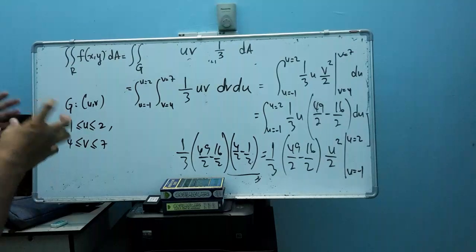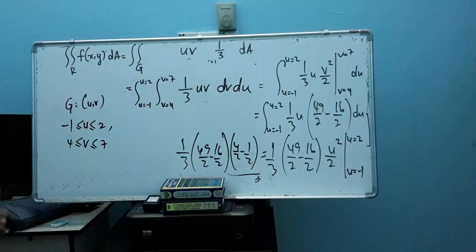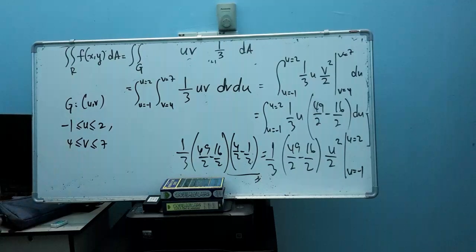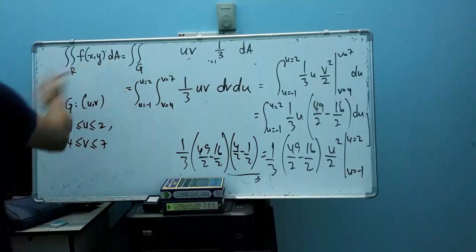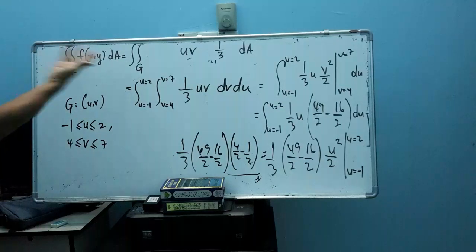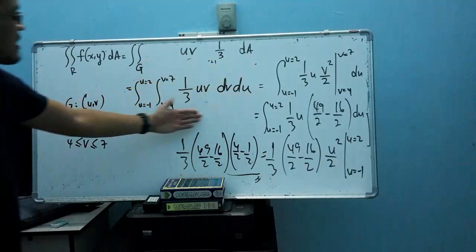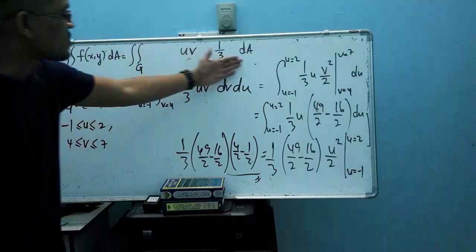We have such a function that we integrate in some closed region in the xy plane, and it's very complicated, very difficult to solve this double integral. But using this substitution, this transformation and this method, finally you will come to a simple double integration here.